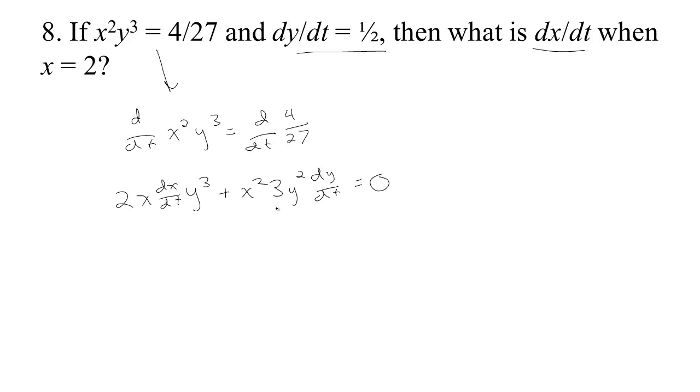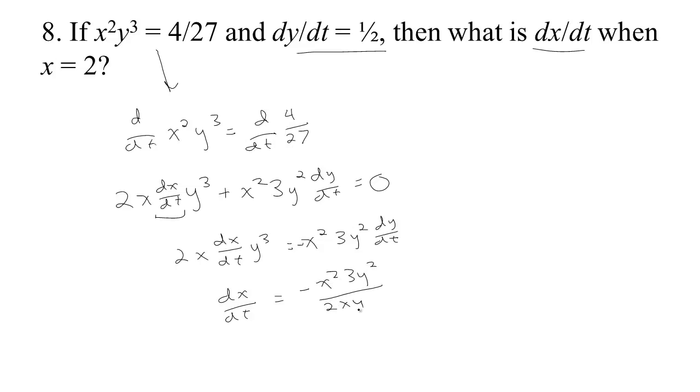Now we're told what dy/dt is, and we want to find dx/dt, so I'm going to try to get dx/dt alone. First thing I'll do is move this other term over, so I have negative x squared times 3y squared dy/dt. Next I'll divide by 2xy cubed. That gives me dx/dt alone: negative x squared 3y squared, divided by 2xy cubed, times dy/dt.